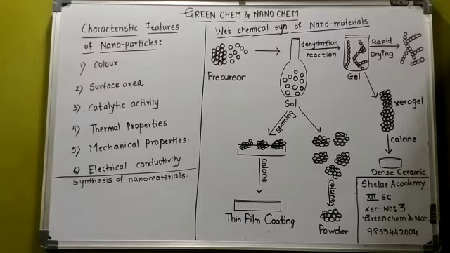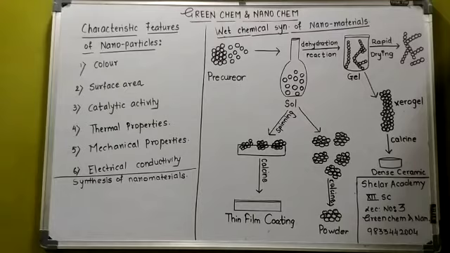Okay, the next, mechanical strength. Nano-sized copper and palladium clusters with a diameter in the range of 5 to 7 nanometer can have a hardness 500% greater than the bulk metal.